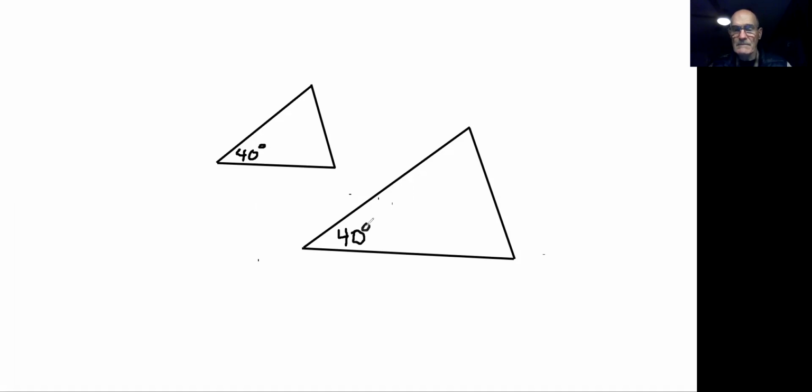Now, the side angle side similarity requires the corresponding sides to be in the same ratio. So once again, let's say this is 4 and this is 8. And then down here we can have 5 and we can have 10.